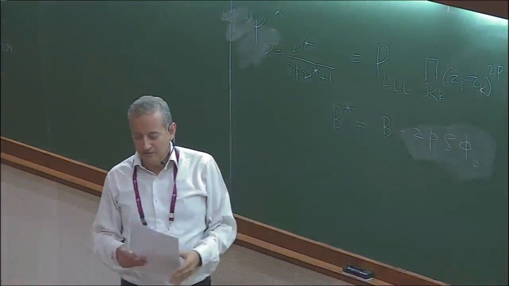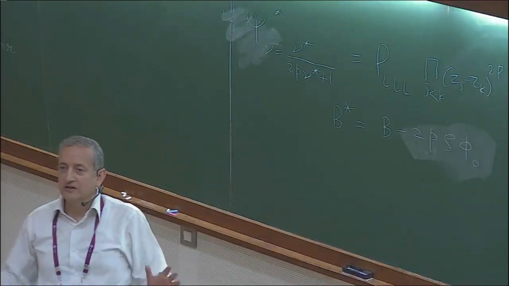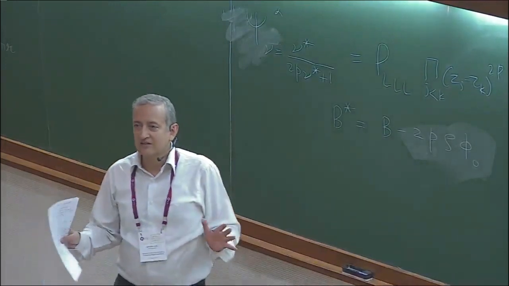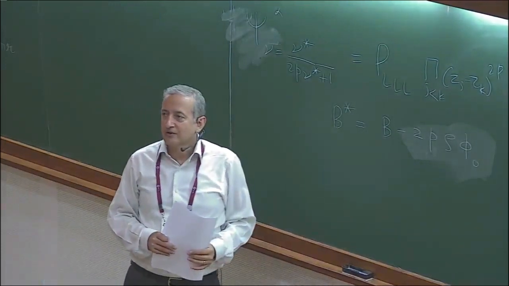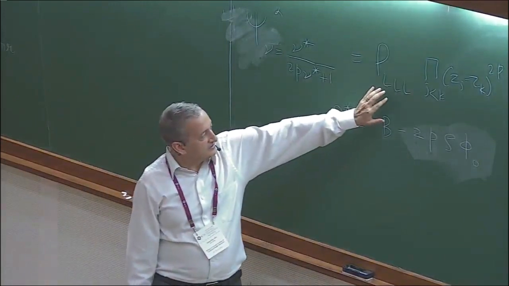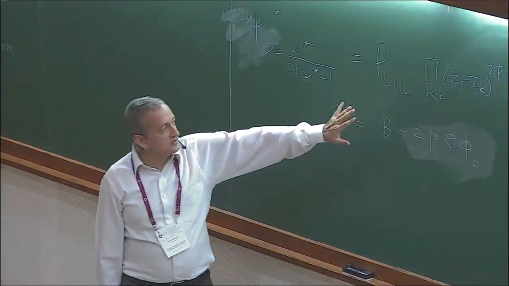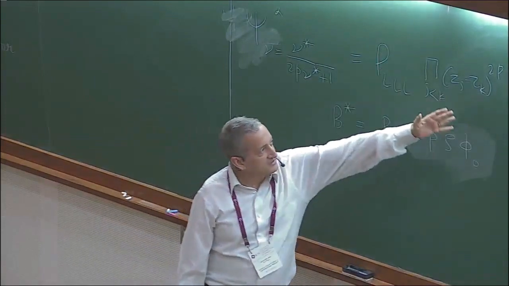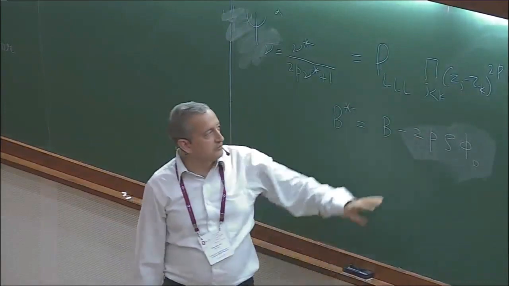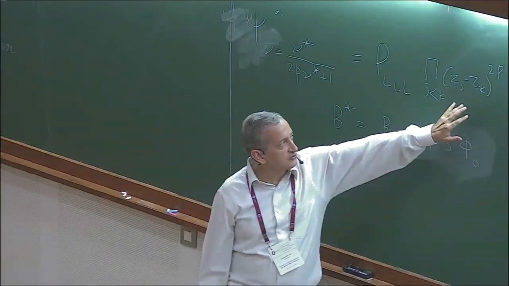If I'm doing a problem for fermions confined to the lowest Landau level, I should not have any kinetic energy. Things should depend only on the interaction energy. And this act does the job, but the physics is contained in this part. So we build in very good correlations. We attach vortices and so on.